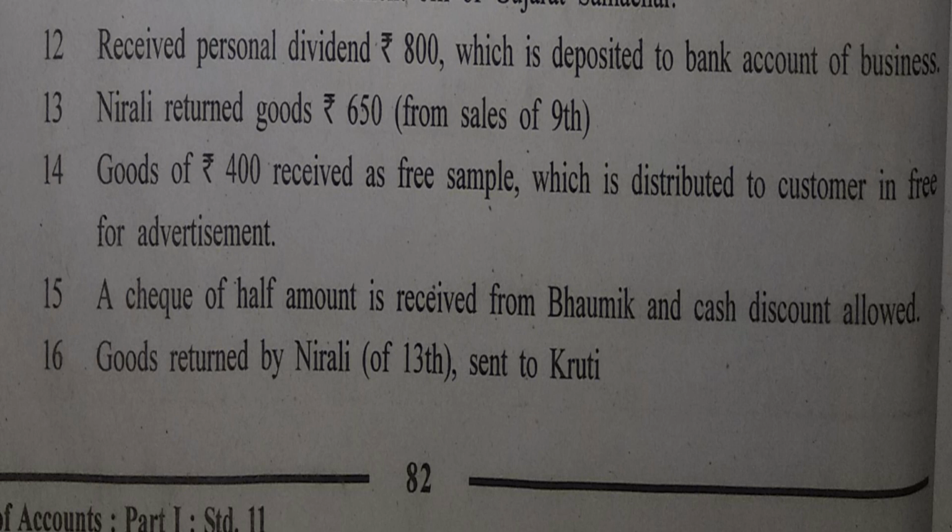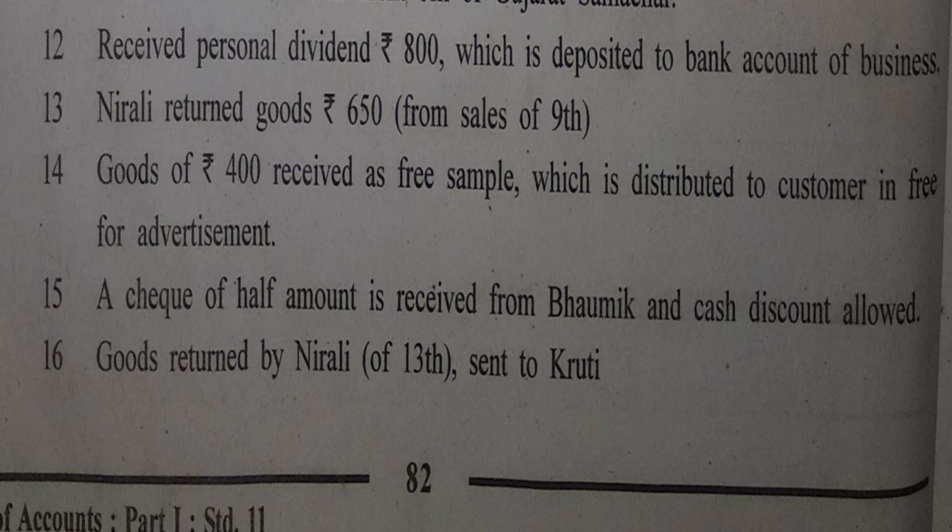Firstly, who is Nirali? Nirali is my customer, my debtor. Nirali is a person to whom goods have been sold. And goods are returned by Nirali from the same. So this is sales return account. Sales return account debit to Nirali account. Why sales return?